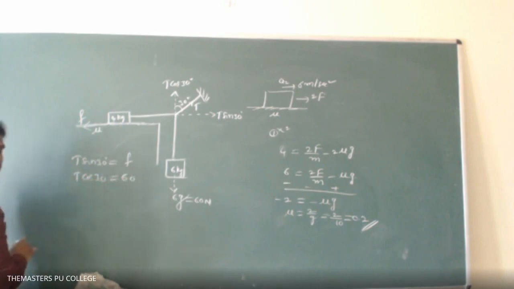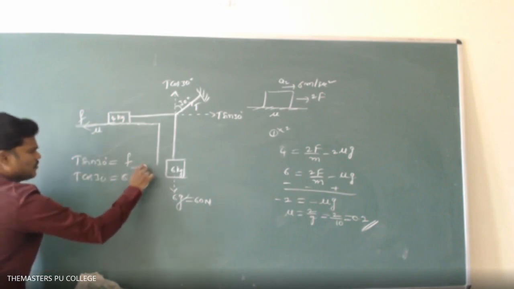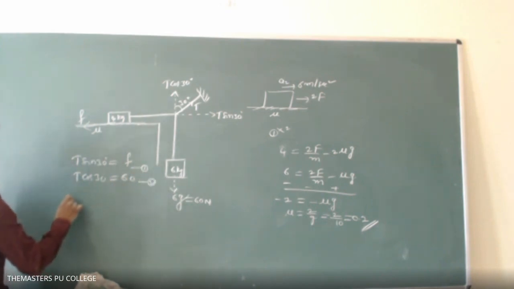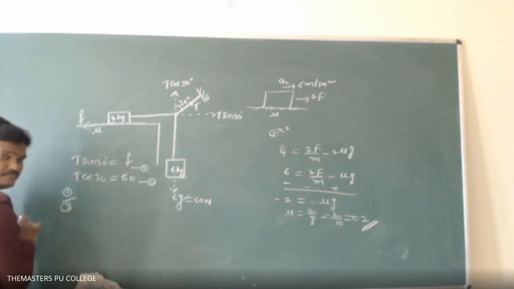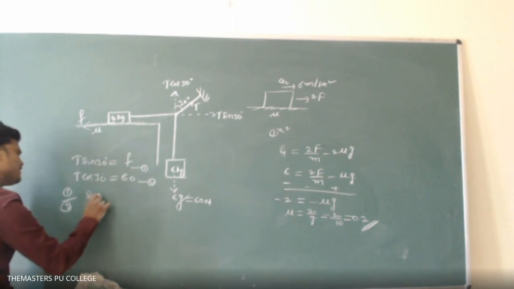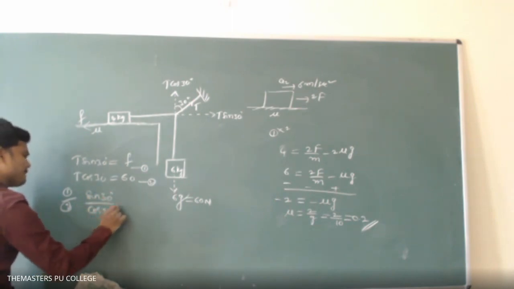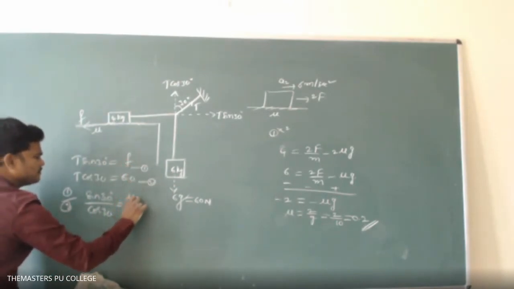Shall I divide these two, equation 1 and equation 2? If I divide, T cancels, giving sin 30 by cos 30. What is F?